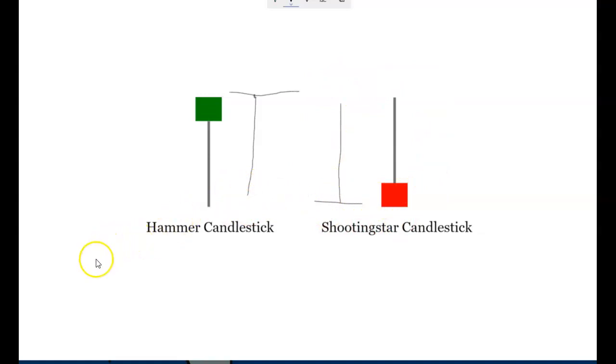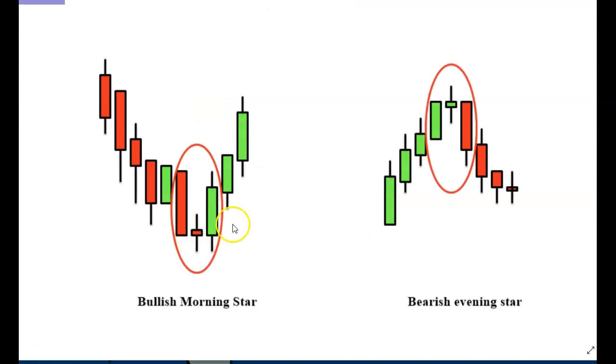So don't forget these patterns. If you forget, just come back to the video and rewatch it and take notes. Okay, now here are your bullish morning star and your bearish evening star. The way to remember this is, okay, evening usually happens at night, right?